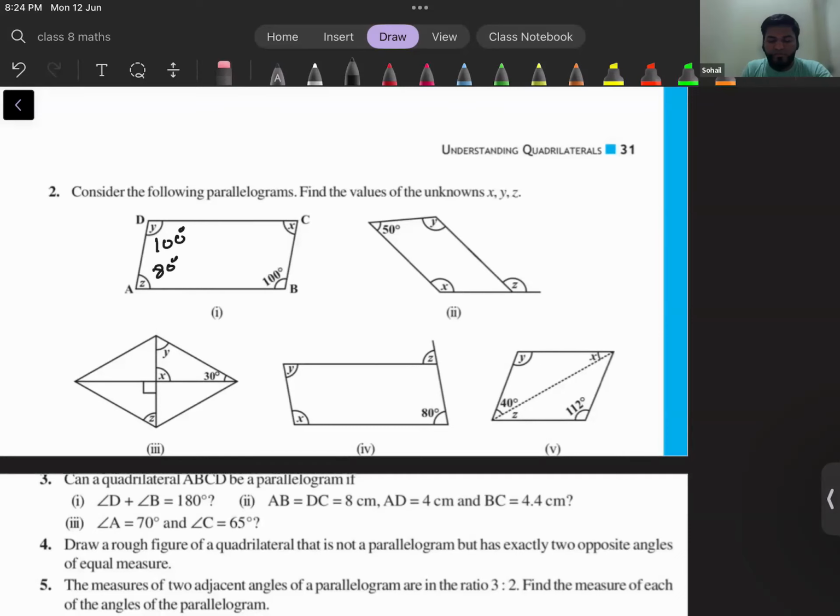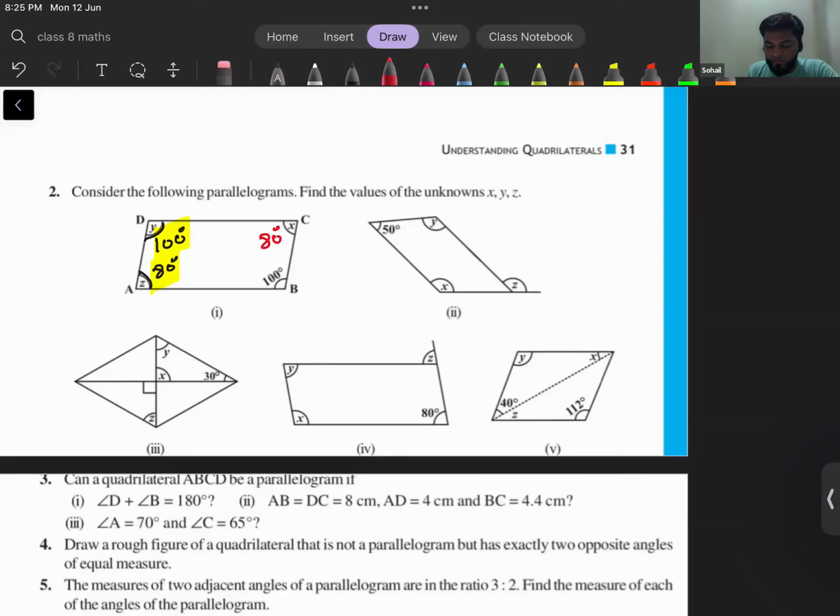Ahmed, as I told you, the sum of adjacent angles, angle A and angle D, lying adjacent to each other, are called adjacent angles. So angle A plus angle D, that is Z plus Y, should be equal to 180 degree. You have already provided that Y is 100, so obviously Z is going to be 80 degree. Now find the value of X then. 80 degrees, sir. Very good.